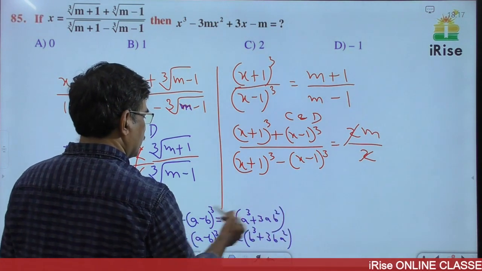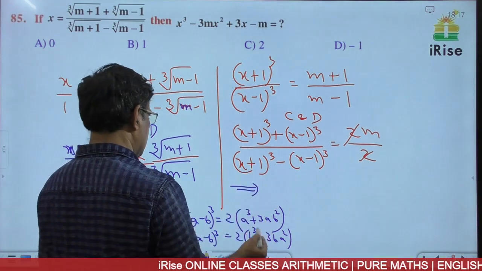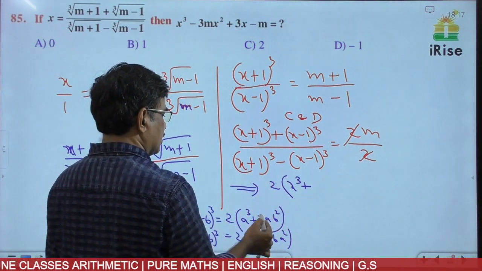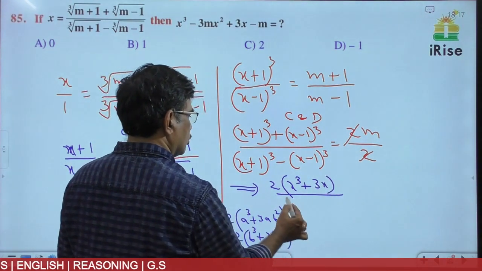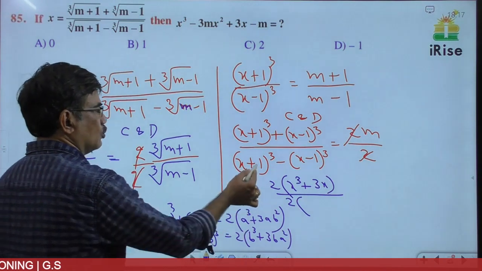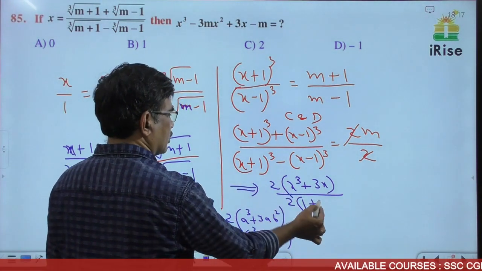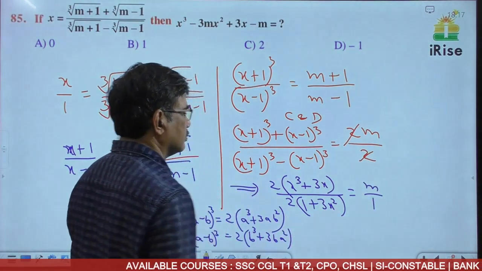I have given these two formulae. So therefore, this can be written as 2 times (a³ + 3·x·1), that is 3x, by 2 times (b³ + 3·1·x²), that is 3x², is equal to m by 1.